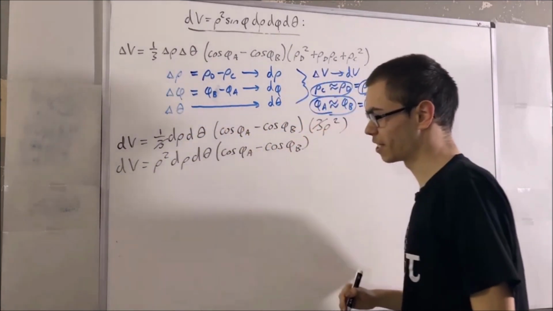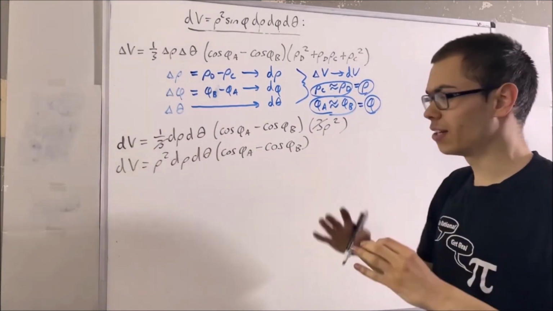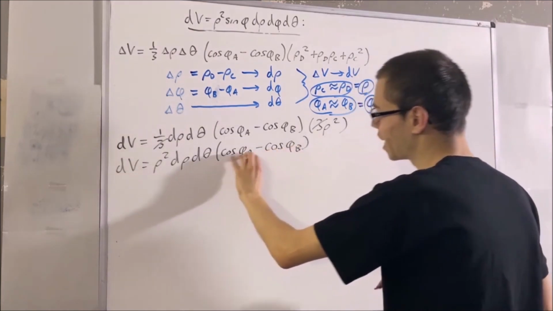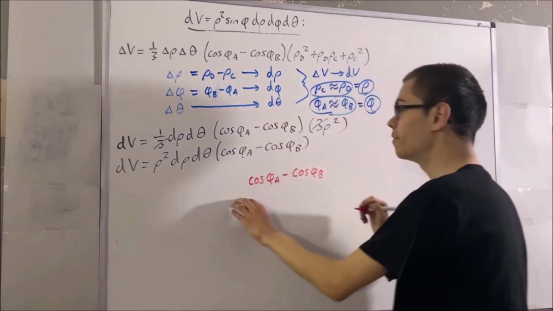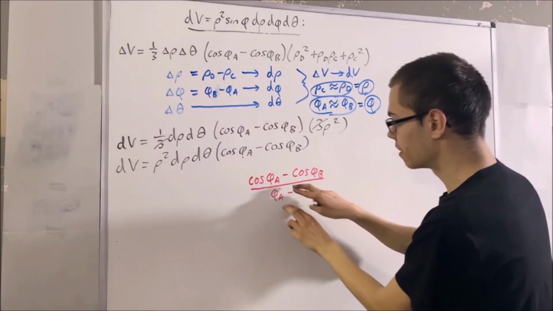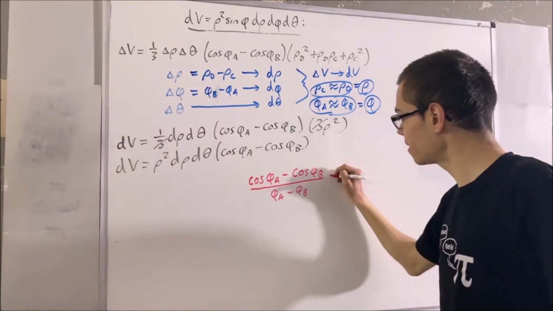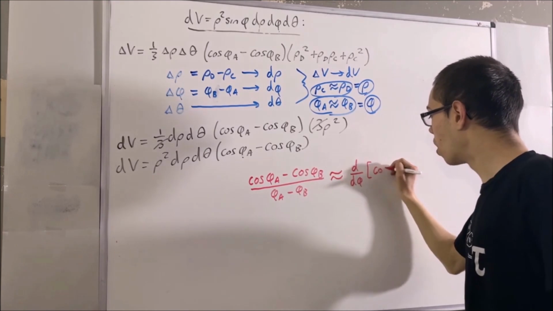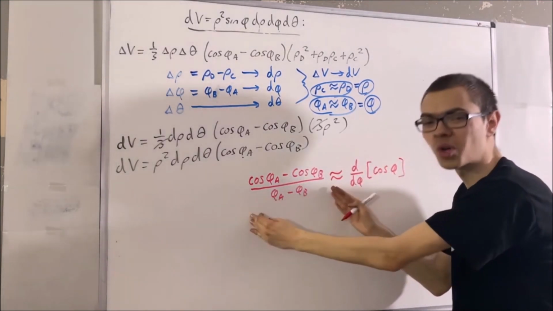And the real question is, what's this going to become? Well, here's how it works. We can take cosine of phi a minus cosine of phi b and divide it by phi a minus phi b. Since phi a and phi b are both really close to each other, this is approximately equal to the derivative of cosine of phi, because that's how a derivative works.